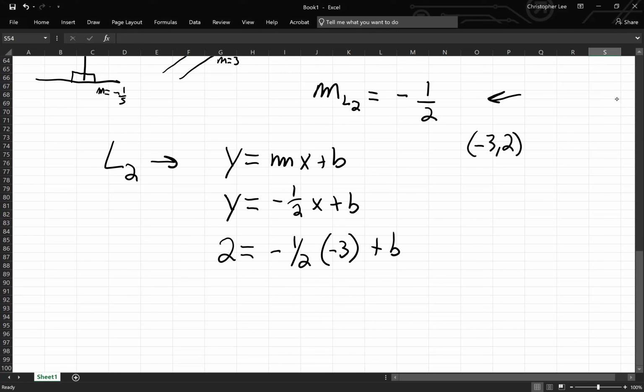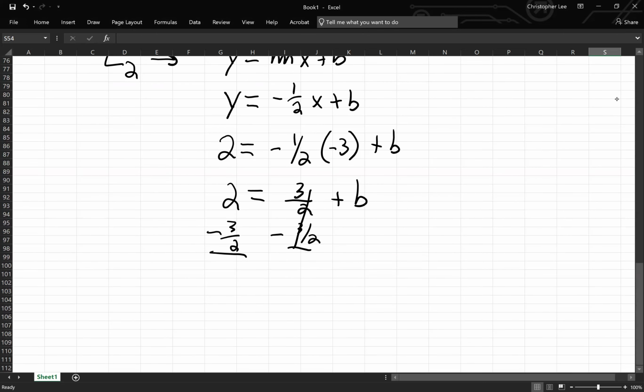Let's do a little math on this. 2 is equal to 3 over 2 plus b. Then we're going to subtract 3 over 2. What you do to one side, you must do to the other. So now I have b is equal to 2 over 1 minus 3 over 2. In order for me to subtract, I have to have the same denominator. Let's change that 1 into a 2. What you do to the bottom, you do to the top.